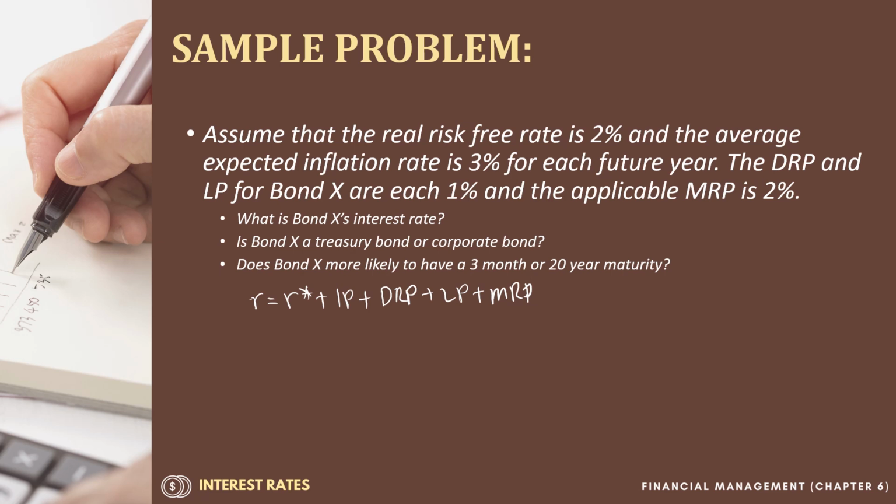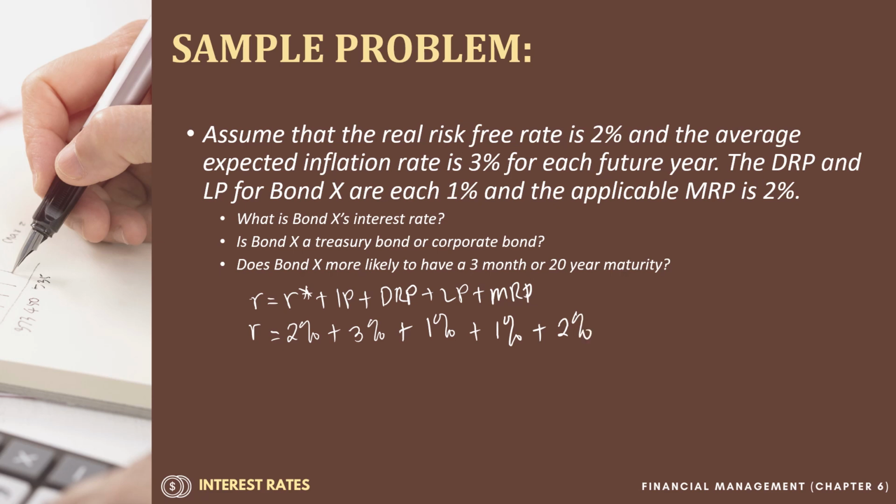Now, since all rates are given here, R, the real risk-free rate, is 2%, plus the inflation premium of 3%, plus the default risk premium and liquidity premium of 1% each, so 1% for the DRP and 1% for the LP, and then 2% for the maturity risk premium.